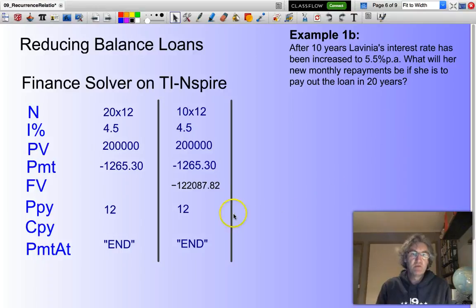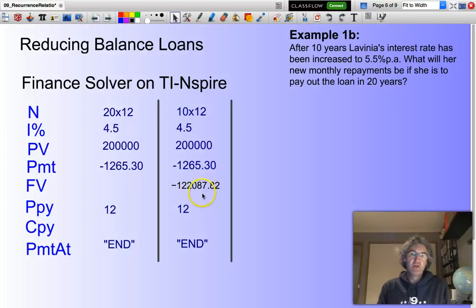Now, what I need to do is say, well, how much does she currently owe after 10 years? So I would do this calculation here, paying 4.5% per annum, originally borrowing $200,000, paying $1265.30, which I calculated from part 1A, gives me a future value of $122,087.82.